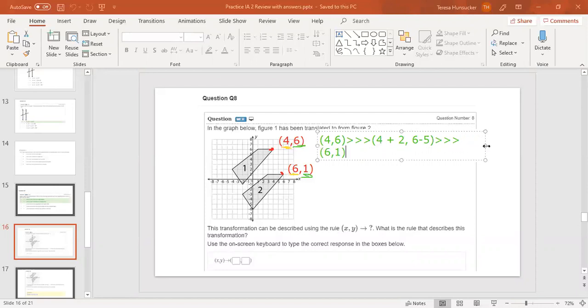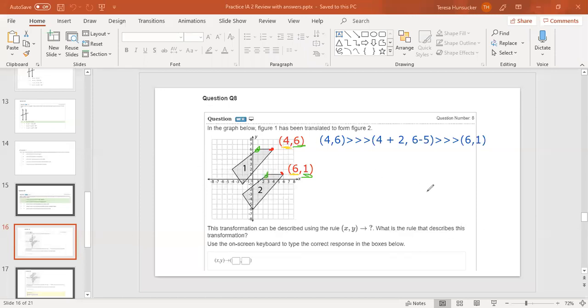Will that be true for another pair of corresponding points? So let me do the same thing for another pair of points and notice the change in coordinates. So now I'm going to pick these 2 points, here and here.